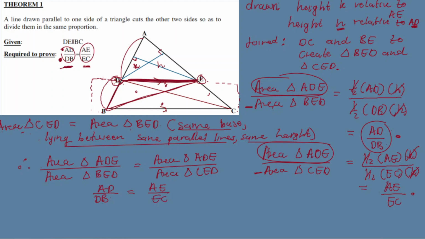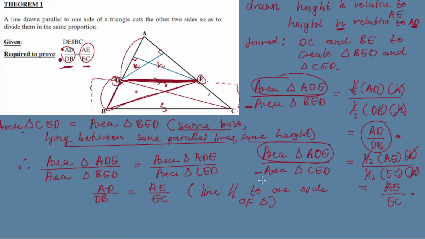So we have proven the theorem, right? Whenever you use this theorem, we say a line parallel to one side of a triangle. The reason we provide whenever we use this theorem is: line parallel to one side of a triangle, just like a grade 11 theorem 1 in circle Euclidean geometry.